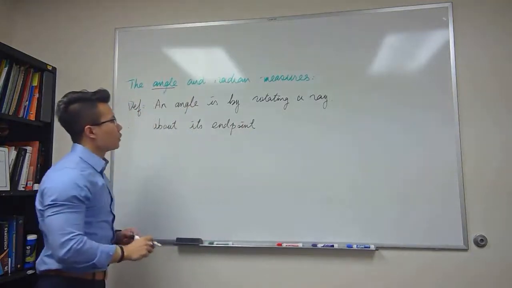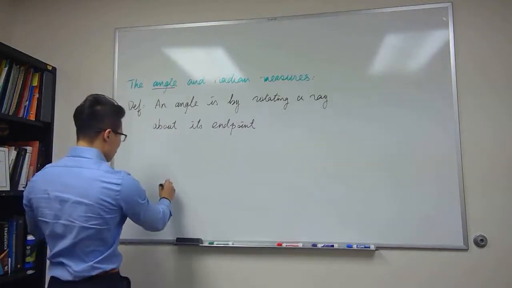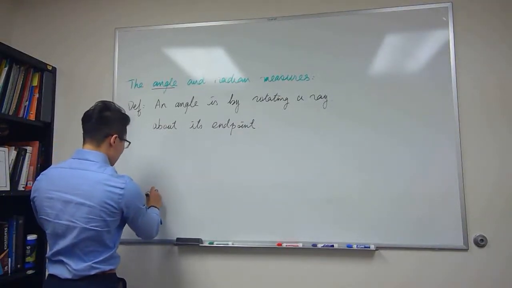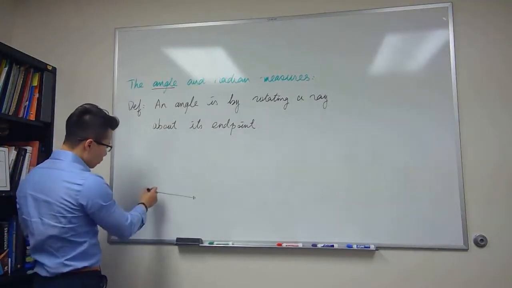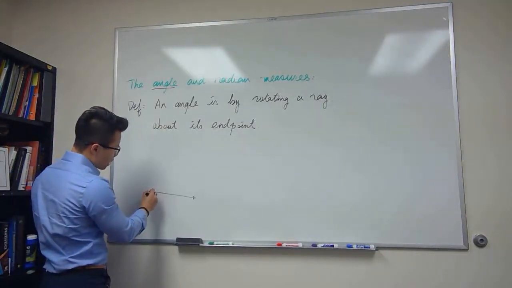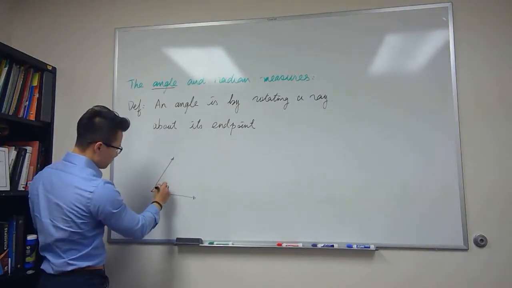Okay. So obviously, for the rotation of a ray, we start with a little bit of a ray in here, and then we rotate it about this endpoint, and that creates an angle right here.